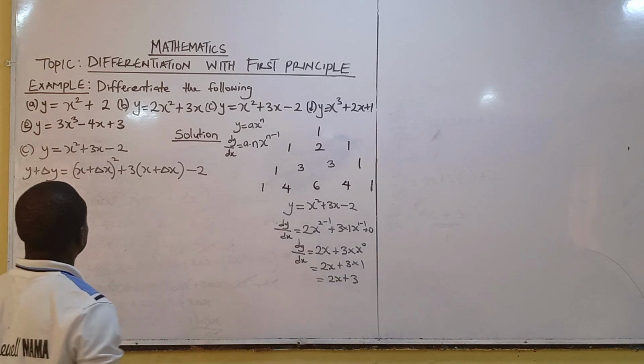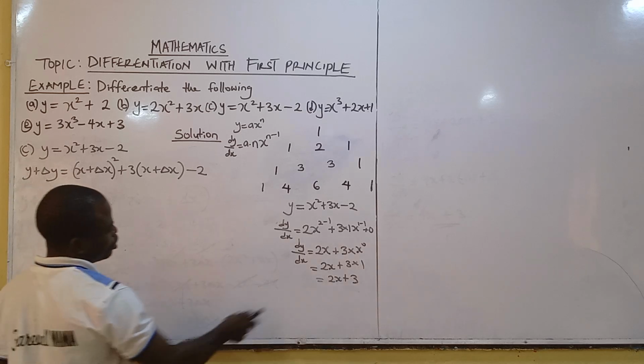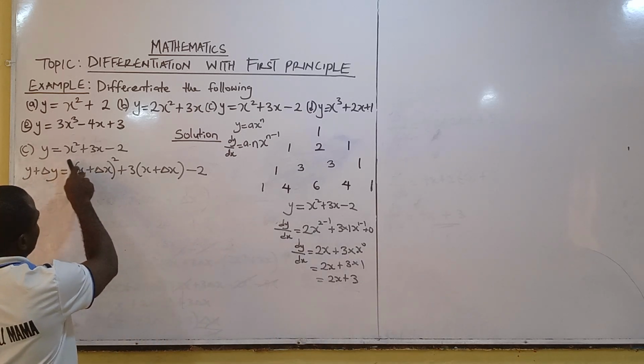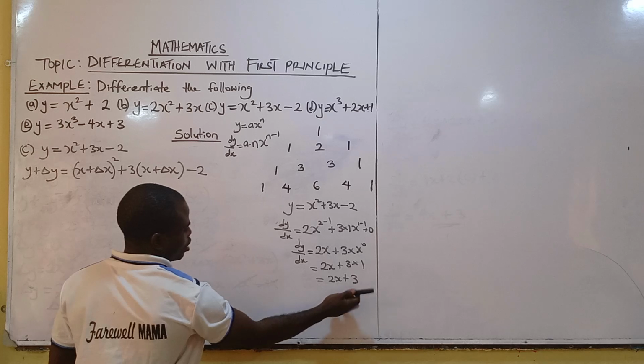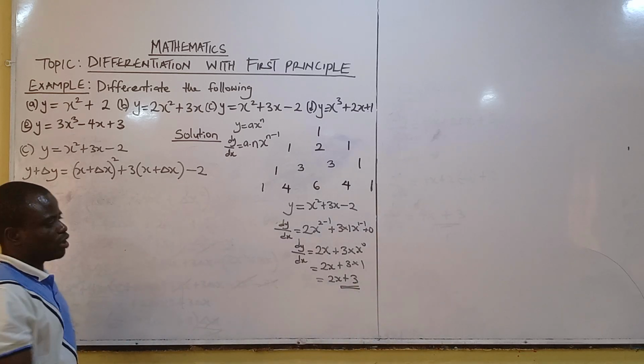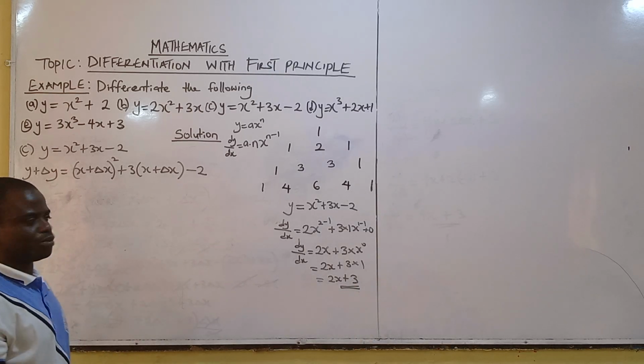Now when you differentiate this, what you have with the general method is 2x plus 3. This is what we expect to get when you use the first principle.